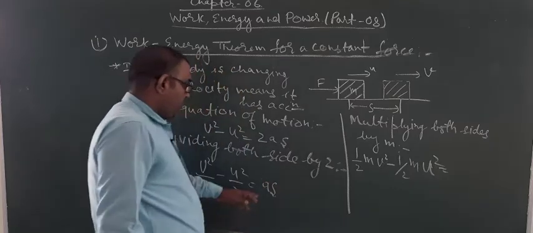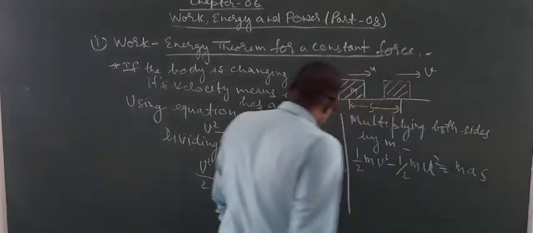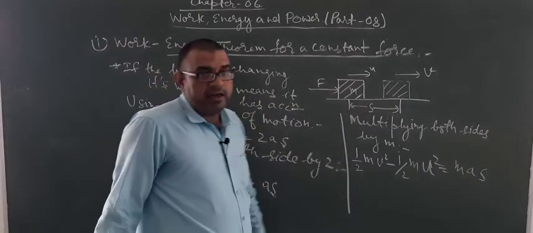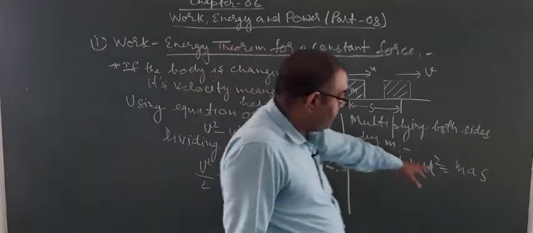Here a is equal to v square minus u square by 2s. And if a force is applied, then we can write F is equal to ma.